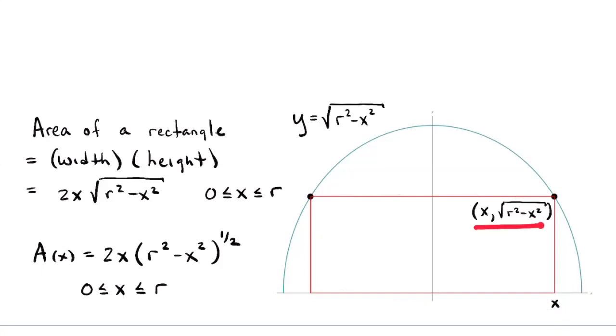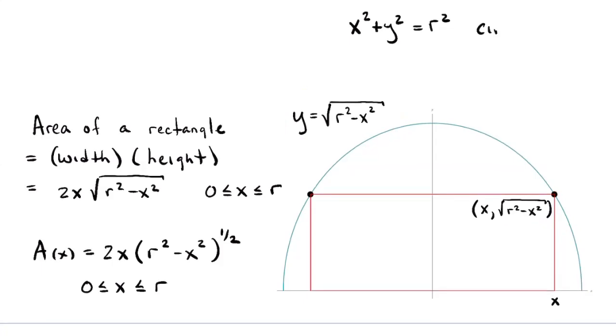I've labeled the coordinates of that point in the upper right-hand corner x, comma, square root of r squared minus x squared, because that is the equation of that upper semicircle. You might remember that the equation of a circle with center 0, 0, and radius r in the Cartesian coordinate system is given by x squared plus y squared is equal to r squared, right?